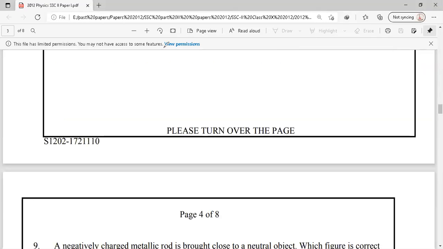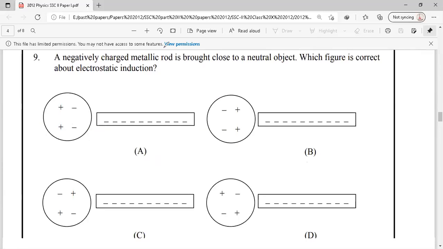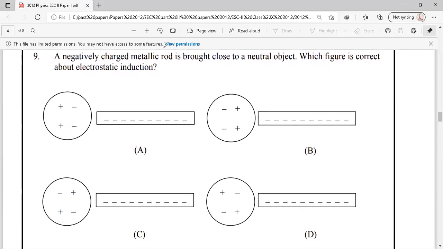Then let's move to our next question, that is question number 9. A negatively charged metallic object is brought near to a neutral object. So we have a negatively charged rod, and this negatively charged rod is brought near a neutral object.